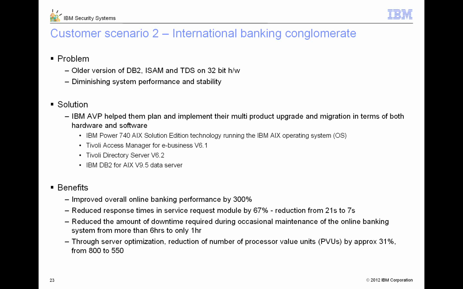It also reduced the downtime required during the occasional planned maintenance periods from 6 hours to only 1 hour. Right? So there was a huge improvement. And through server optimization, there was a reduction in the effective PVU use by approximately 31%.